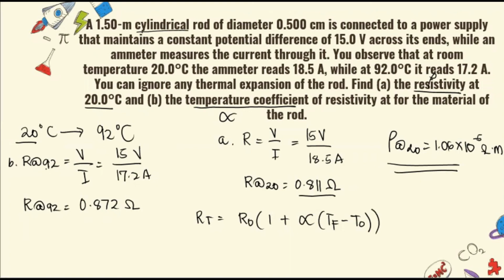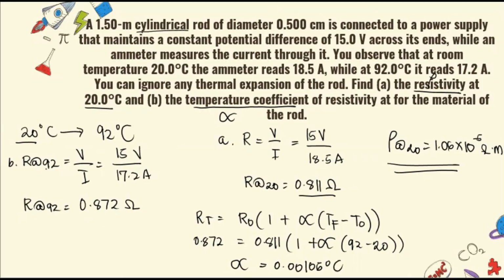RT is at 92, 0.872 is equal to 0.811 multiplied by 1 plus alpha, where alpha is our unknown for the temperature coefficient, times 92 minus 20. So alpha, the temperature coefficient, is equal to 0.00105 per degree Celsius. Okay, so that would be all for this problem.